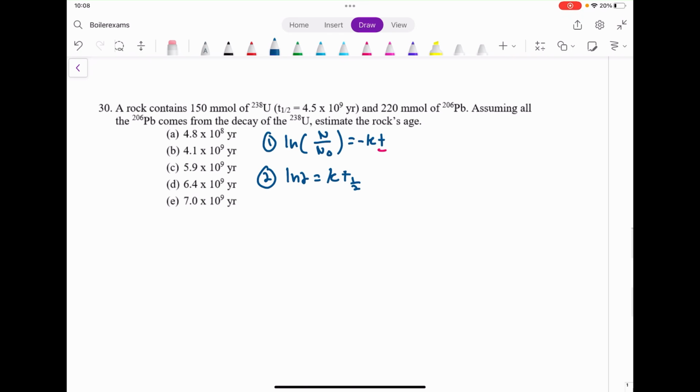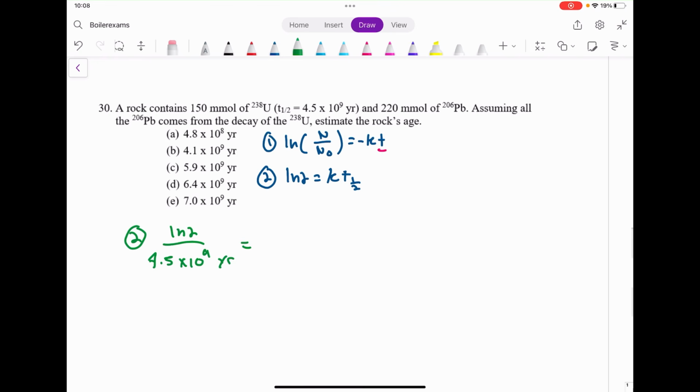So we're going to have to figure out the rate constant from equation 2 and then figure out what N over N naught is. Let's solve for the rate constant first. If we evaluate 2, we're going to get natural log of 2 over the half-life, which is 4.5 times 10 to the 9 years.